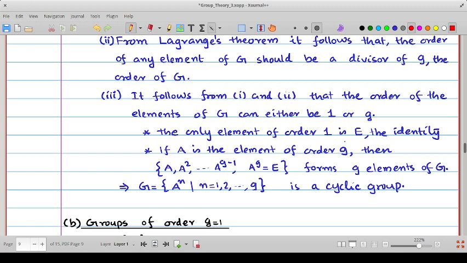And therefore, if we have a group of prime order, one of the elements could be the identity, which is of order 1, but the other elements, the elements other than the identity, should be of order G only, because that is the only other order that is allowed for elements of a group of prime order.